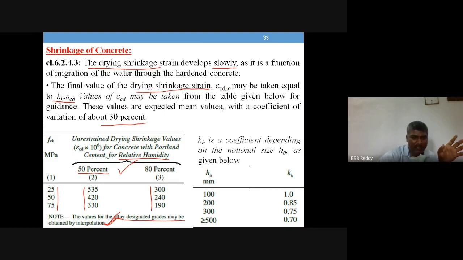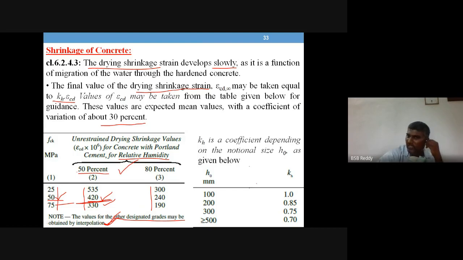Okay, so this is the bottom line of those values. Wherever it is specified, you can always get a value by interpolation. So for example, I want it for M60 grade. Okay, so you have the 50 value and the 75 value. Interpolate the value in between. Okay, and that is estimated and shall be multiplied with a factor kh. These are epsilon cd values, like say for M50 grade, 420 into 10 power minus 6 into kh.